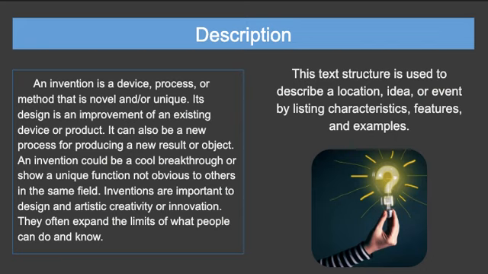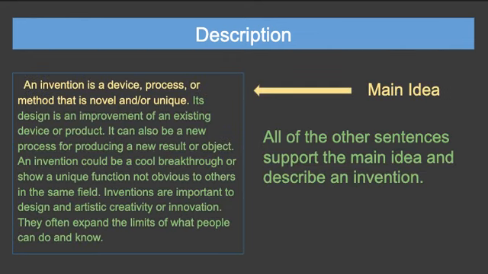Description is going to be our next text structure. This text structure is used to describe maybe a location, an idea, an event, but there's going to be a lot of vocabulary of descriptive words. We're going to see a lot of characteristics and features and examples, a lot of adjectives. I'm going to be describing, and I'm going to go ahead and move on to the next slide, where you can see we start off with a main idea, and then everything else is further developing that main idea.